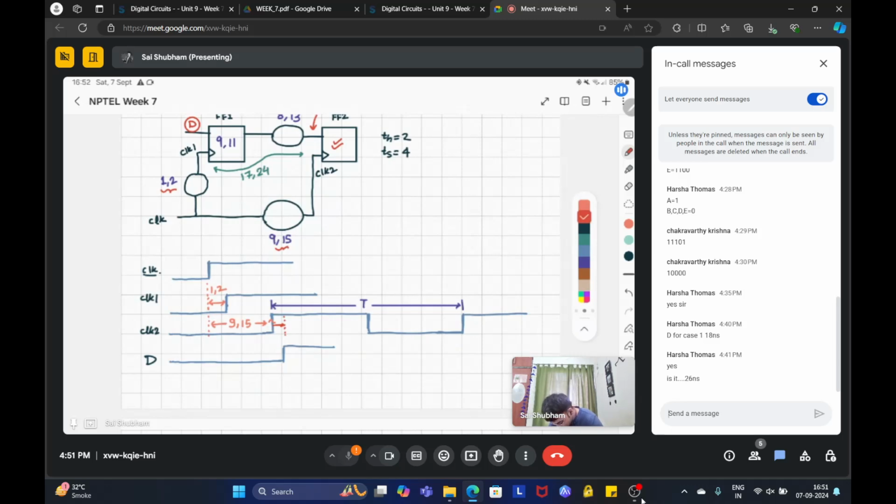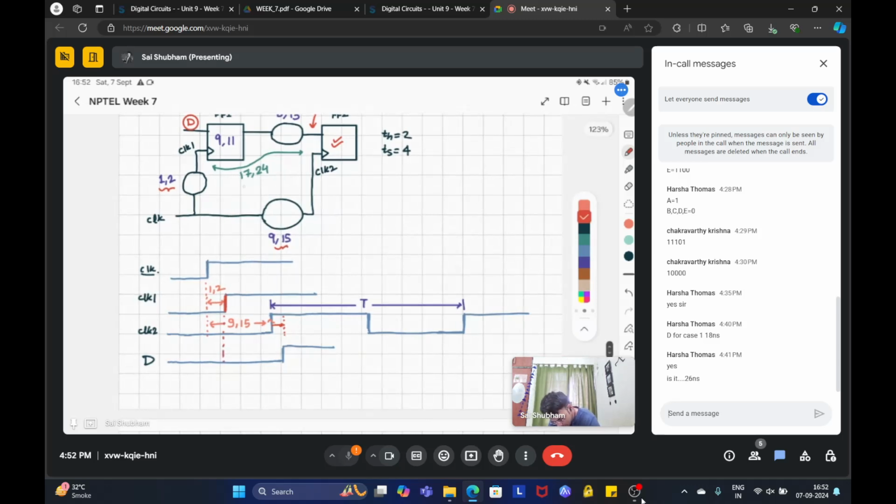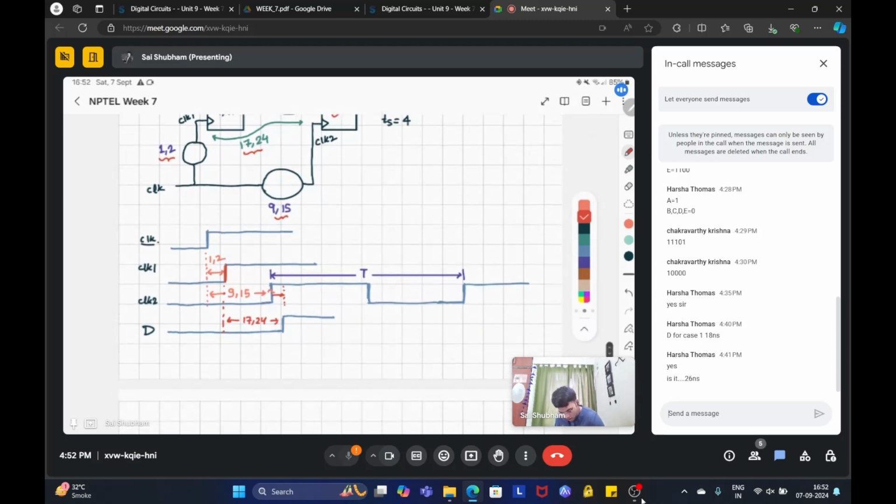So data D will appear after this clock edge. From this clock edge, it will take 17 to 24, so this is 17 comma 24. We have to check for that. This is your hold time, T hold.